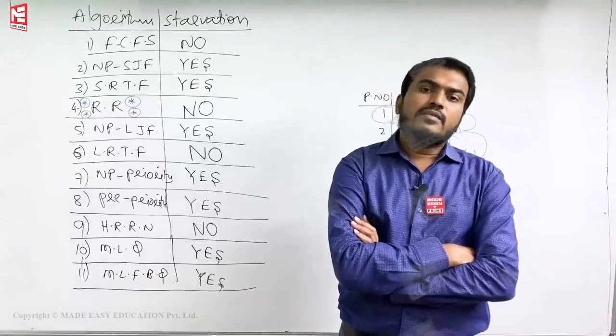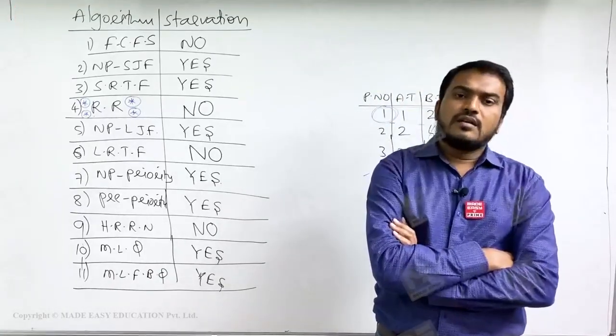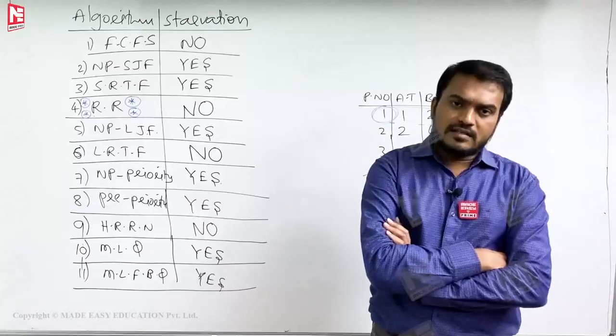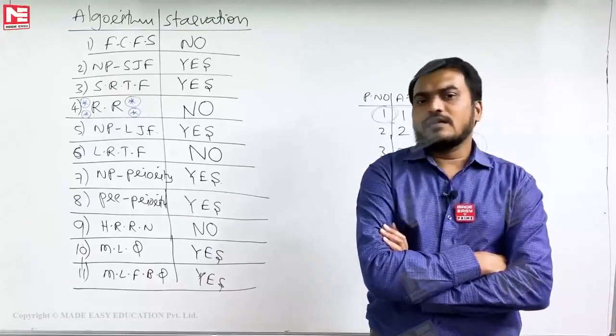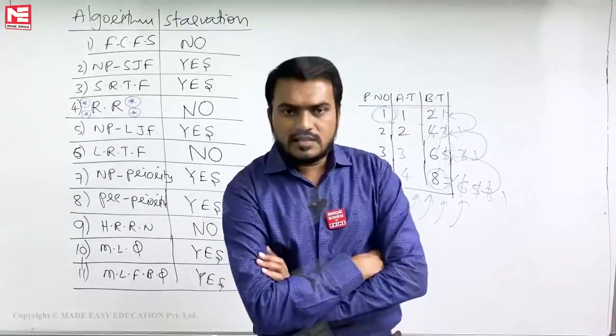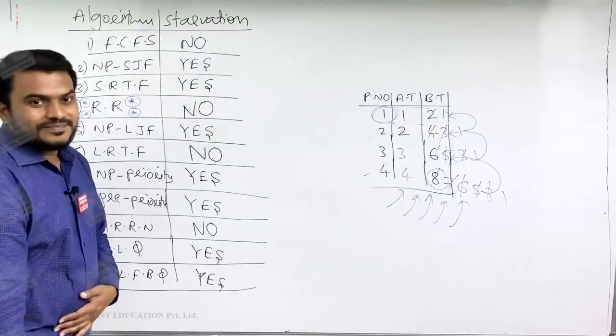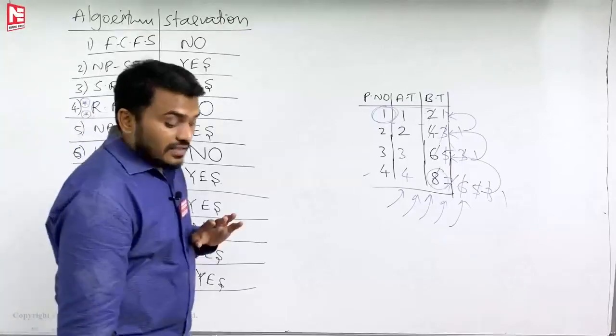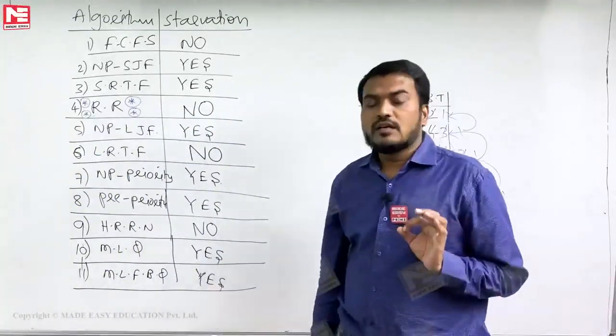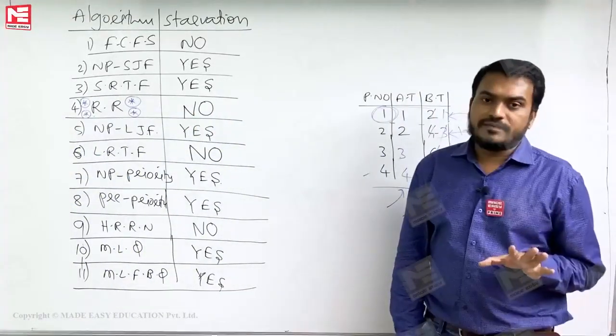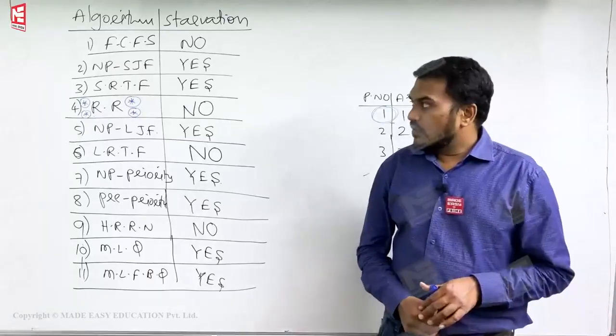Example you can take Windows, Unix, Linux, iOS and all that. All the popular operating systems we use, round robin scheduling. So you should remember that. Practically, as a scheduling algorithm, we use the round robin algorithm. So understand here.